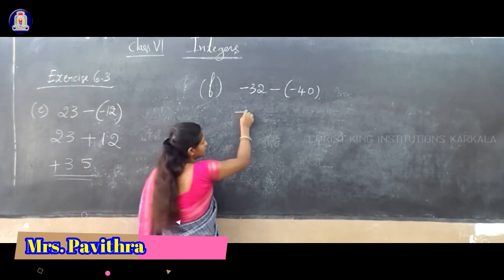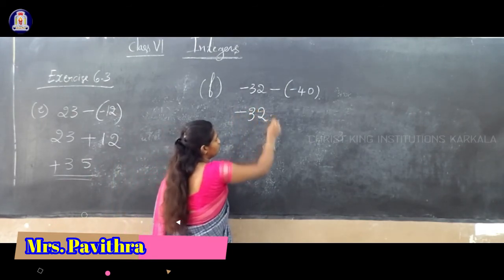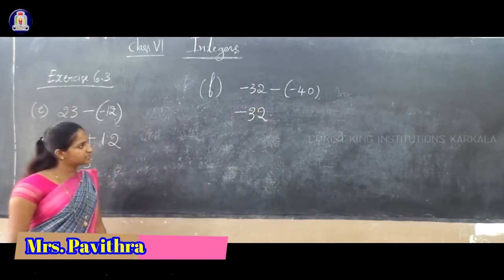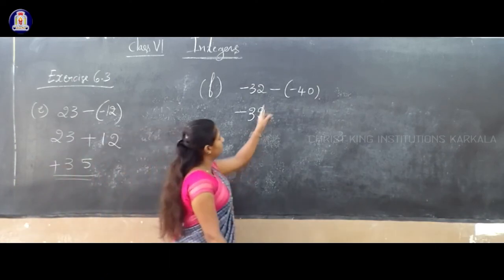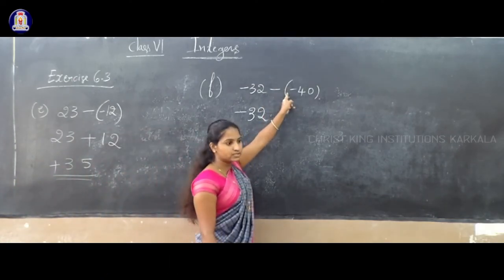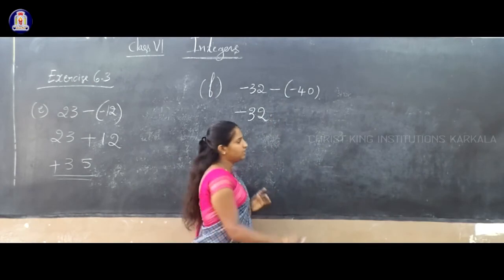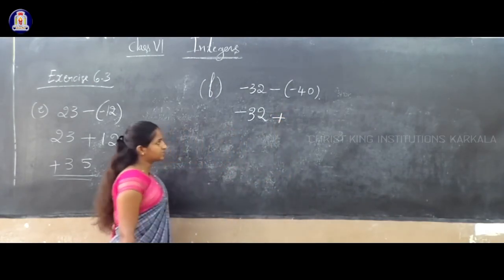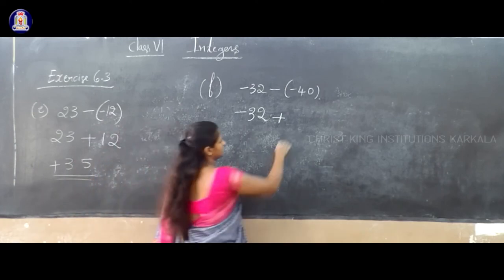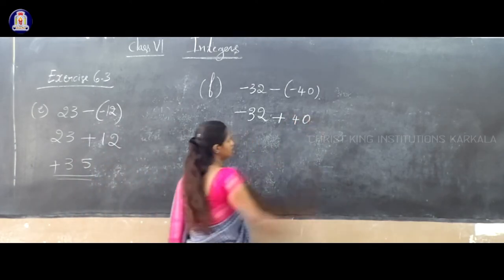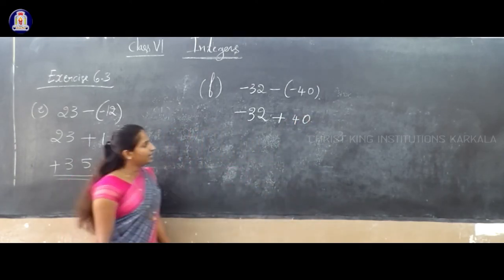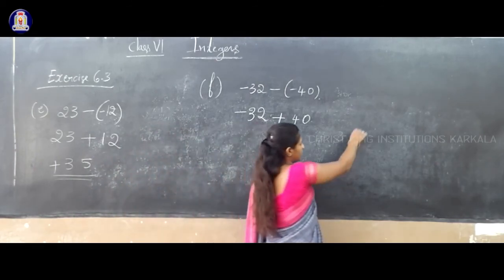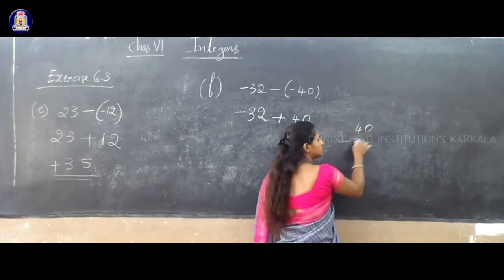So now the first integer, minus 32, write as it is. And now minus into minus. What is minus into minus? That is plus. So minus into minus is plus, and the integer plus 40. Clear? So plus 40 minus 32.